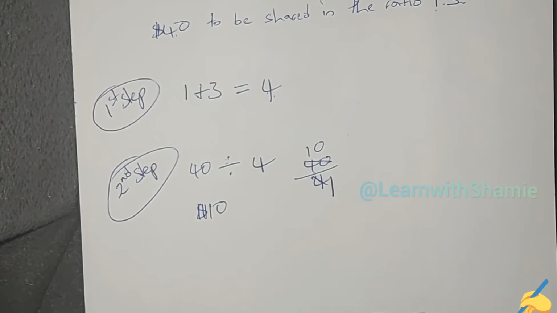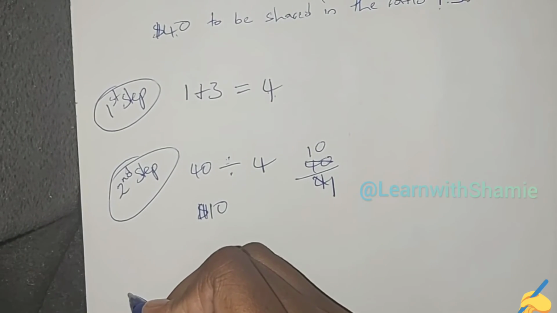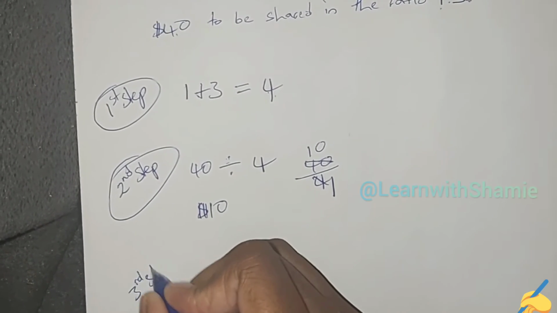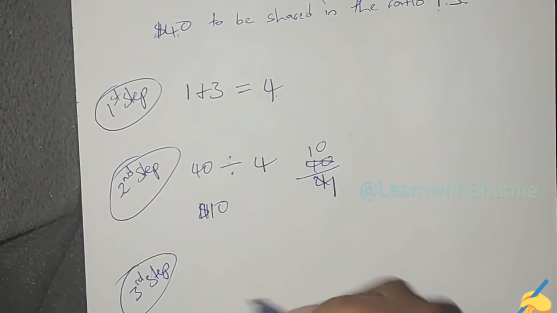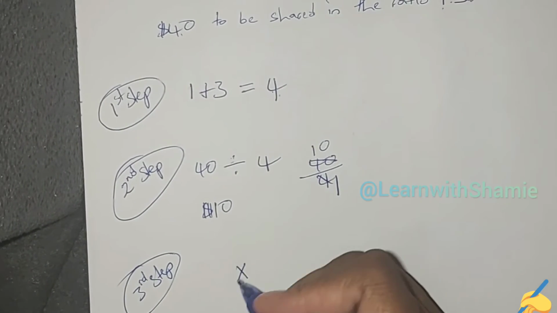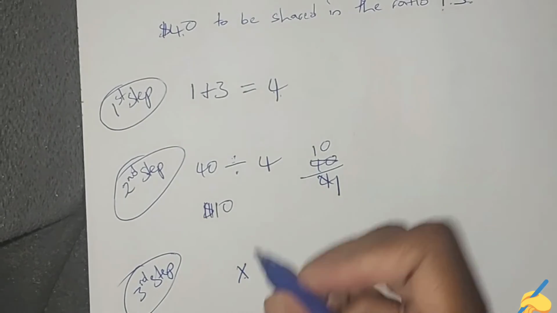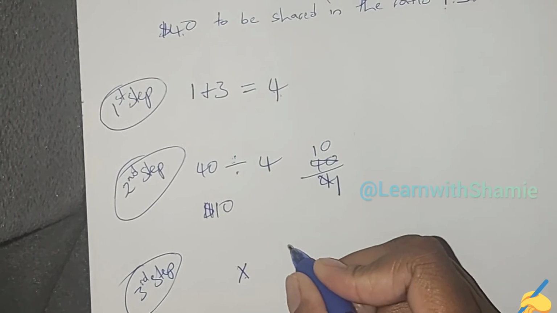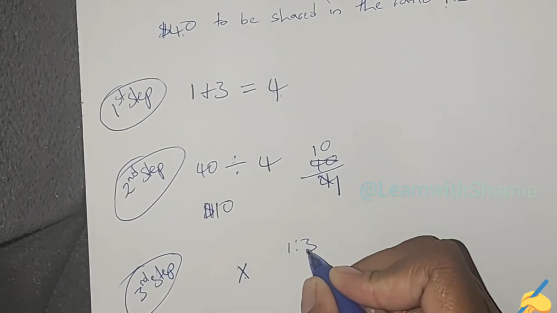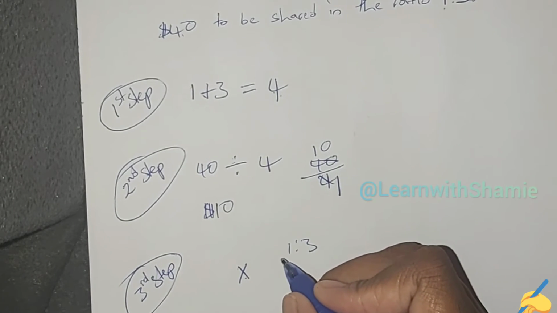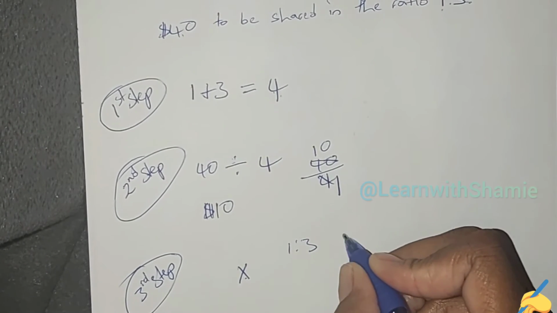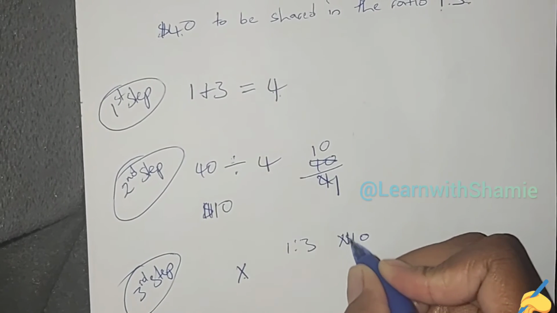We're now going to move on to step 3. So the third step in calculating ratio, we are now going to multiply the ratio, which is 1 to 3, by the amount each part is worth, which is $10.